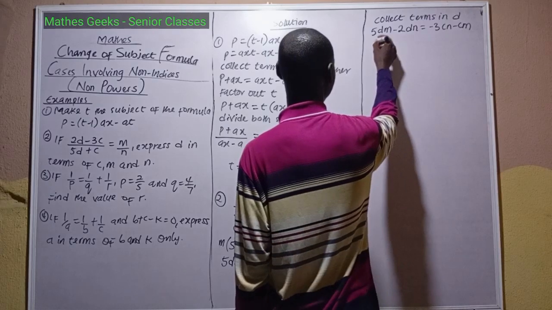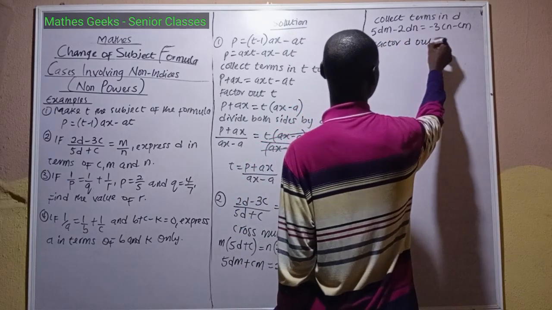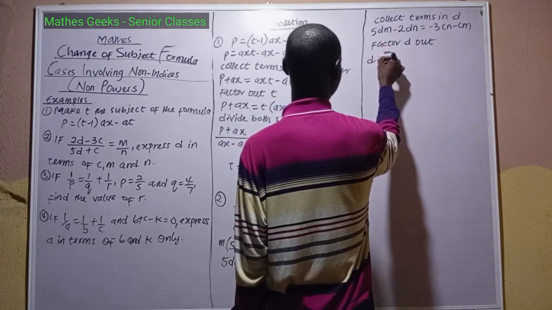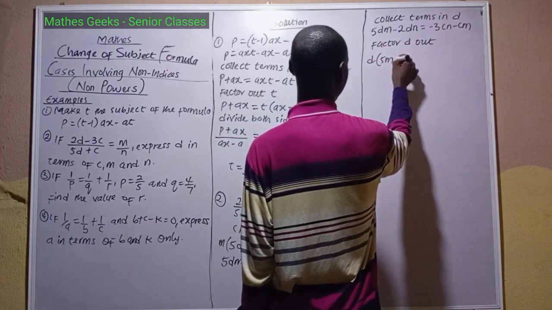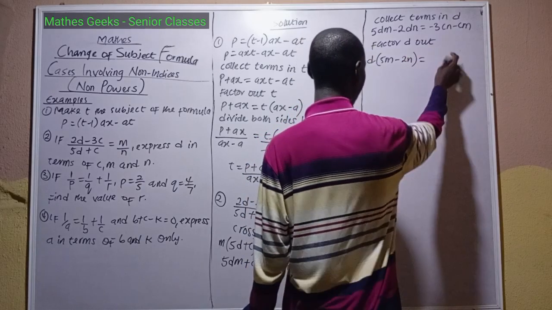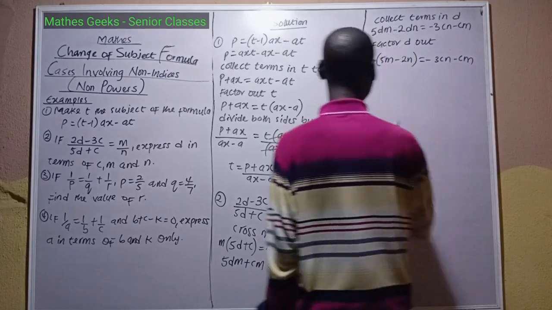So factor D out. D times (5N minus 2M) equals minus 2CM minus CN.